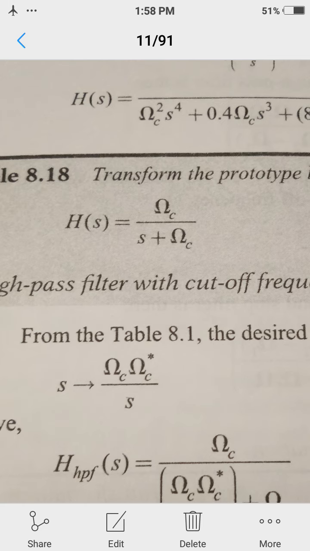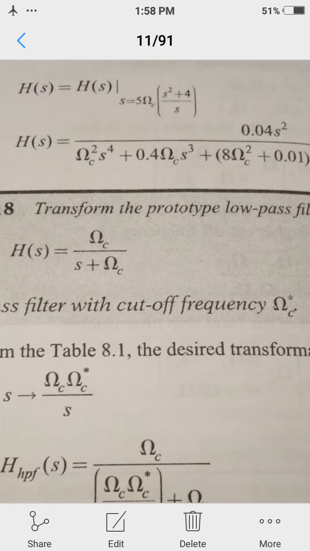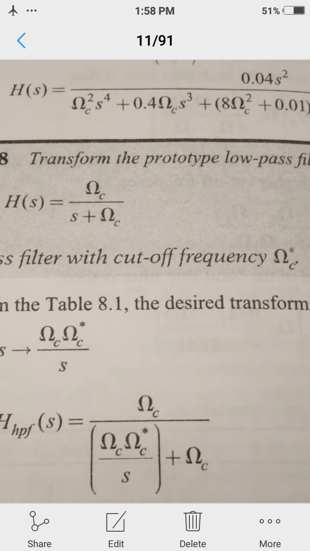By substituting the value here we get H(s) equal to 0.04 s² upon Ωc² s⁴ plus 0.4 Ωc s³ plus (8Ωc² + 0.01) s² plus 1.6 Ωc s plus 16Ωc². In this way we can determine the H(s) of the new band pass filter, and hence the frequency transformation is used here.